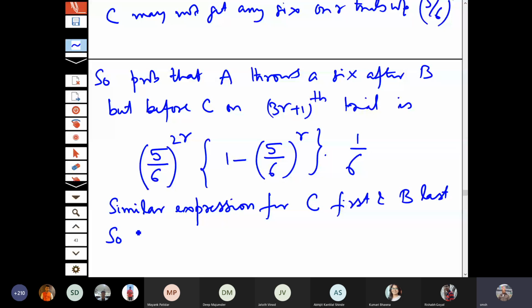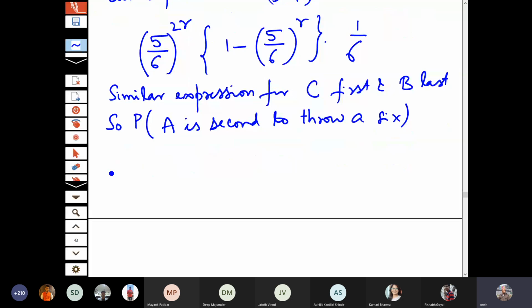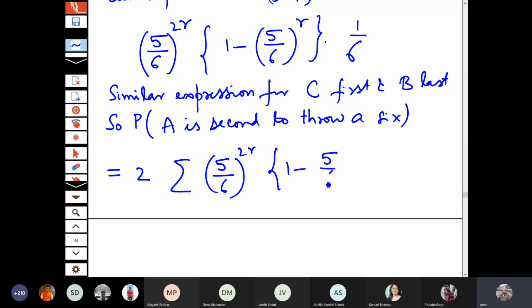So the probability that A is second to throw a 6 becomes the sum, for R equal to 1 to infinity, of 2 times 5 by 6 to the power 2R, 1 minus 5 by 6 to the power R, 1 by 6. These are simple geometric sums.